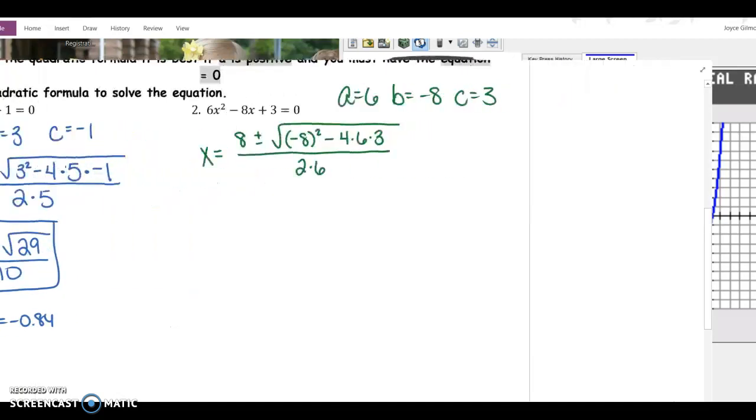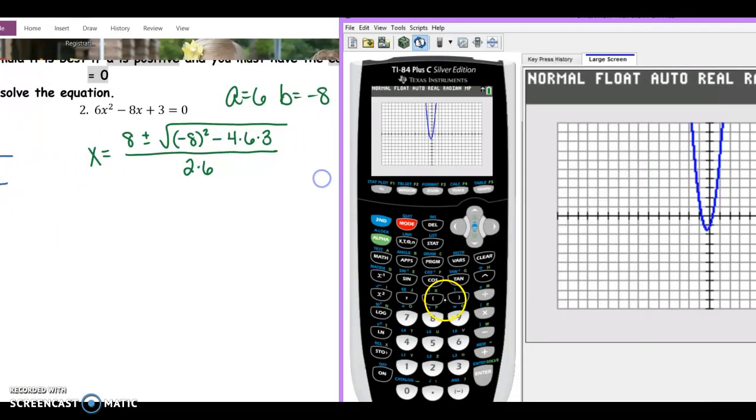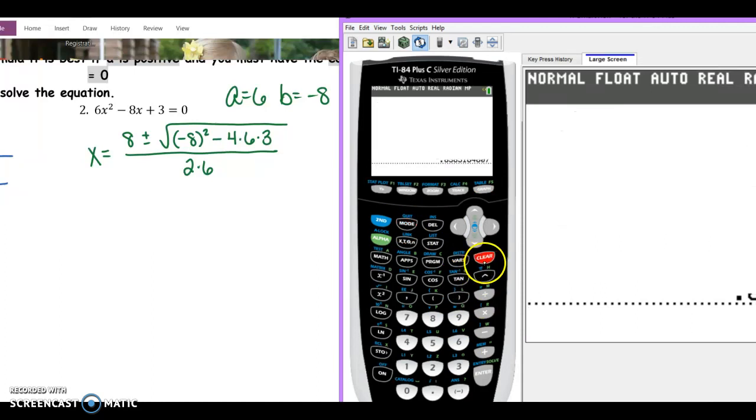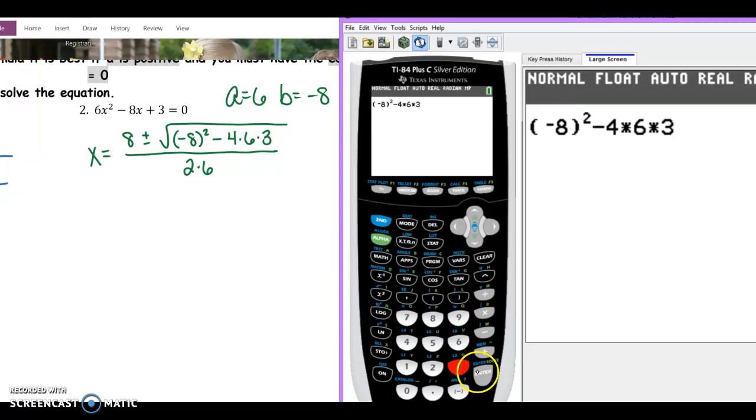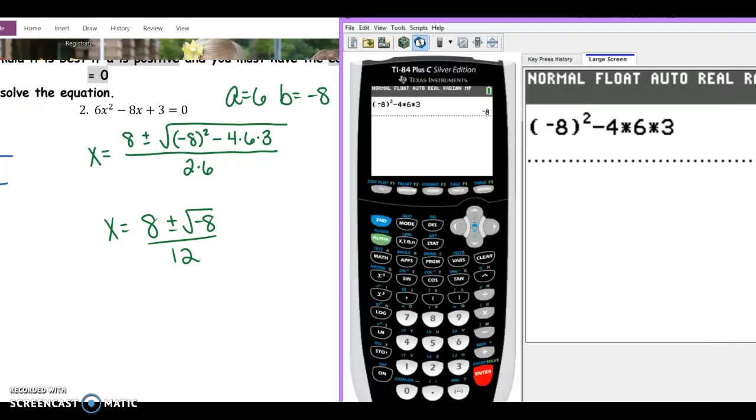In your calculator, do the stuff that's under the radical. If you use the parentheses, like I suggested, negative 8 squared minus 4 times 6 times 3. Here's what happens if you don't put the negative 8 in parentheses.